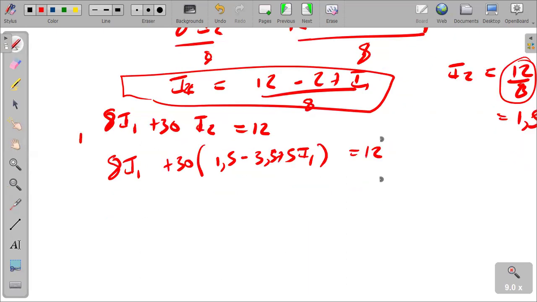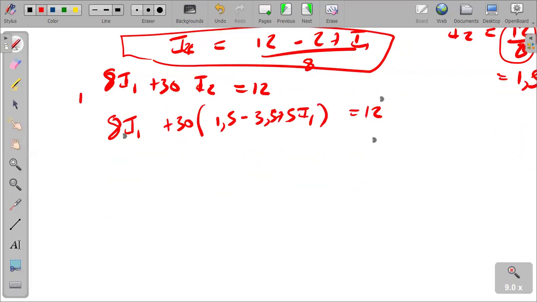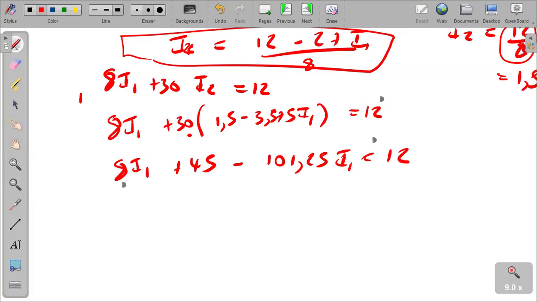Simplifying further, that will give us 8 I1 plus 45, that's 30 times 1.5, minus 30 times 3.375, that's 101.25 I1 is equal to 12. Adding the like variables and transposing the constants to the other side, we have minus 93.25 I1 is equal to 12 minus 45.